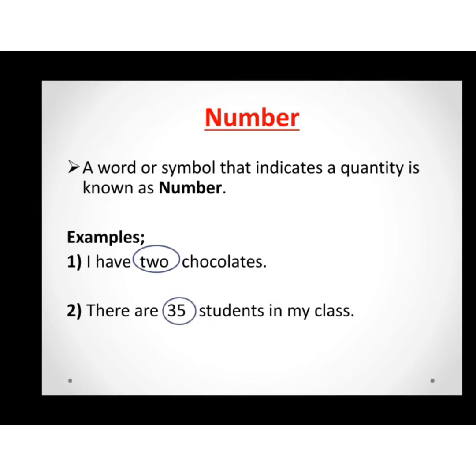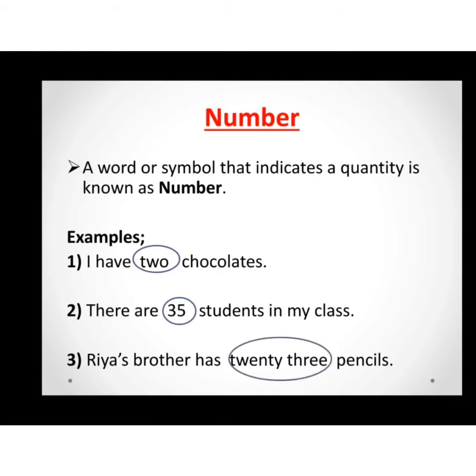So, 35 is known as a number. And the last one, Ria's brother has 23 pencils. Here, the word 23 represents the quantity of pencils. So, the word 23 indicates a number.